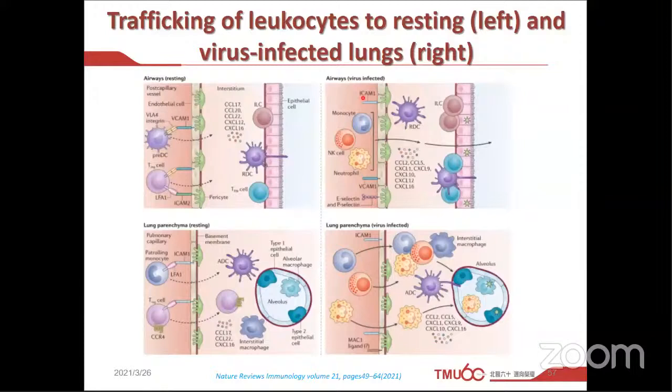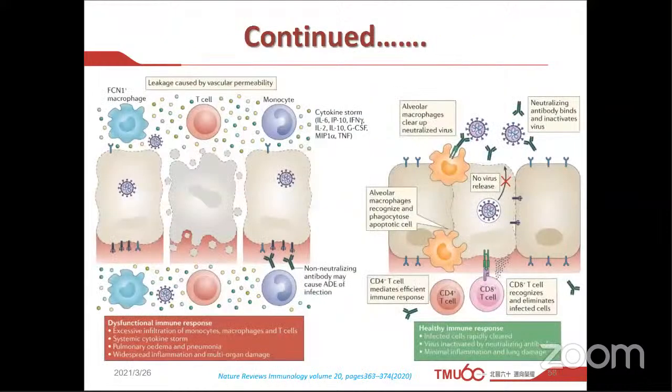After infection, you can see monocytes, NK cells, and neutrophils are activated and mediated by a lot of adhesion molecules. They will cross over the tissue into epithelial cells, into the alveoli, okay, and then shed a lot of cytokines into the tissue. These cytokines will lead to cell damage, including healthy cells and infected cells. Okay. So what happened?